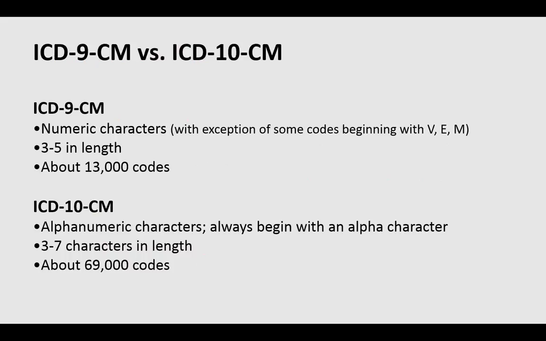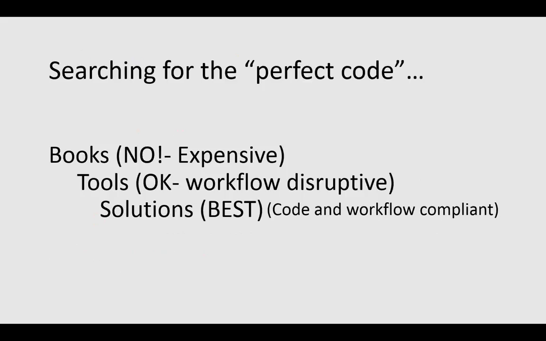Come October, we're going to be facing a world of code sets which are alphanumeric in character, 3 to 7 characters in length, and there's approximately 69,000 of these codes. So you see how this can create a hurdle in getting to the most specific code, because as we move forward, I want you to remember that it's essential that the most specific code be used or your claim will likely get rejected. That's where the cash flow challenges begin.